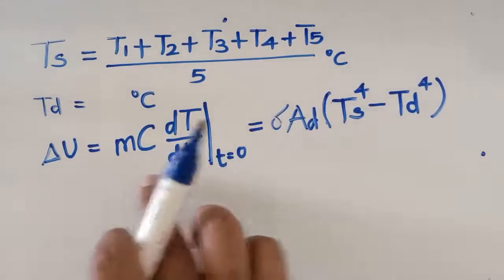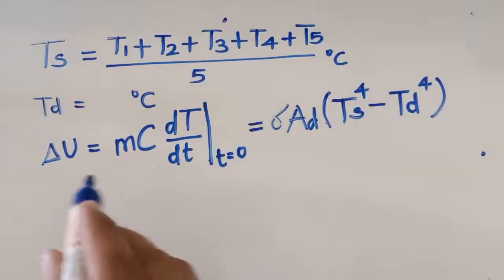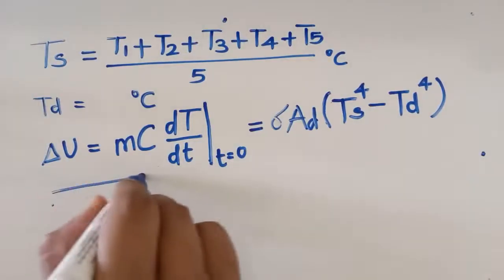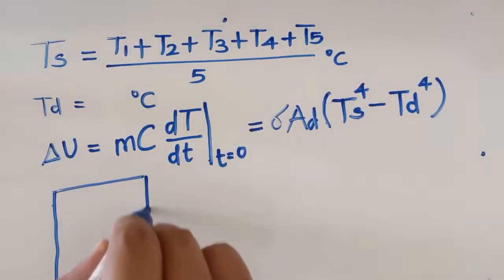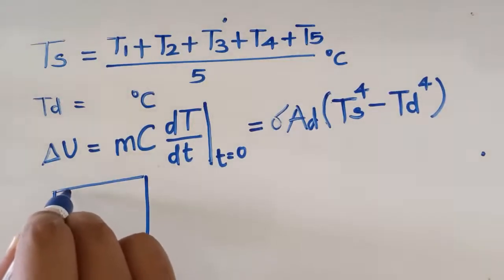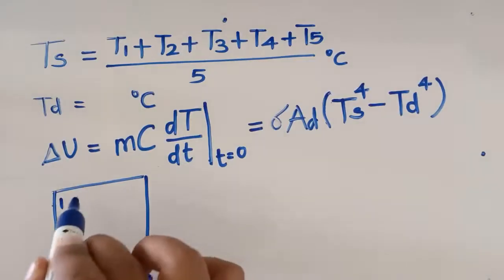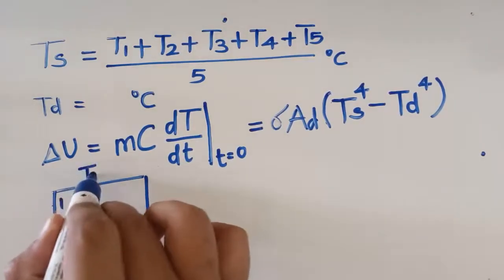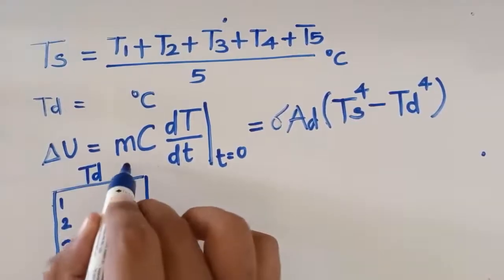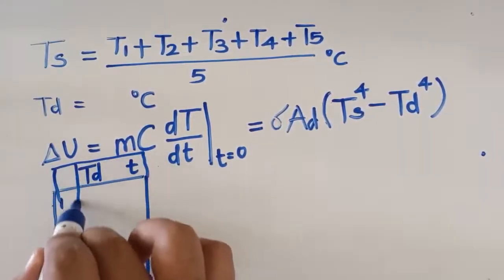So now we have this energy balance equation. To plot this dT by dt, what can we do? We can prepare a table with various readings. In that table, let us say there is reading number 1, reading number 2, reading number 3. What exactly are we recording? We are recording the temperature of the disk with respect to time t. These will be columns in that table.